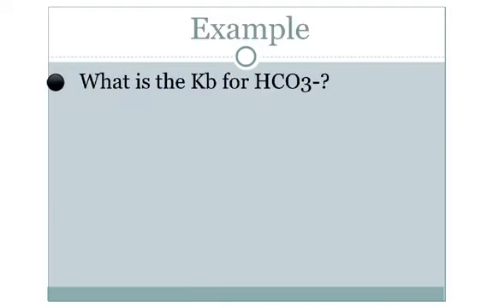All right, let's tie the last two things together. Let's find the Kb of HCO3 minus. My first job is to make a formula, just like we did before with the first type of question. HCO3 minus plus water. Now we're going to show that the transfer is going to occur. This particular time, the HCO3 minus is actually amphoteric. Amphoteric, remember from our first lesson on acids and bases, means it can act like an acid or a base.